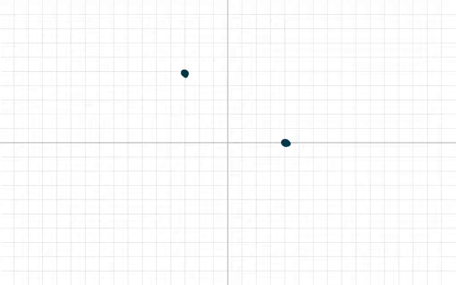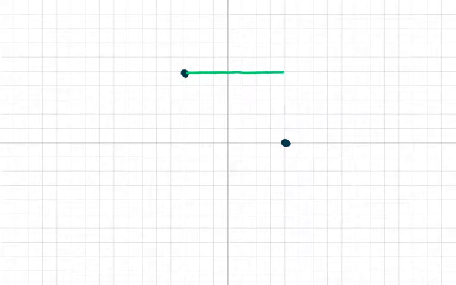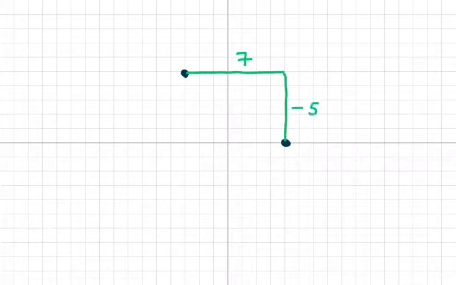So let's take a look at these points. I have to move from the left to the right. So 1, 2, 3, 4, 5, 6, 7 spaces to the right. And now 1, 2, 3, 4, 5 down. So that's a -5.